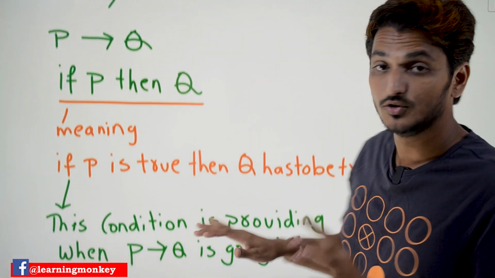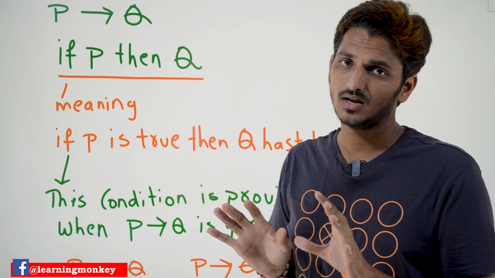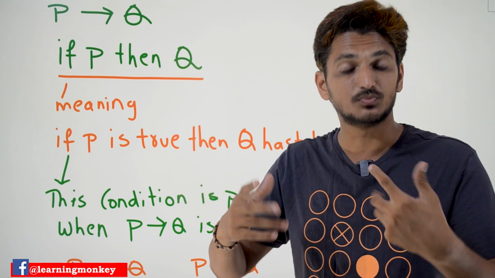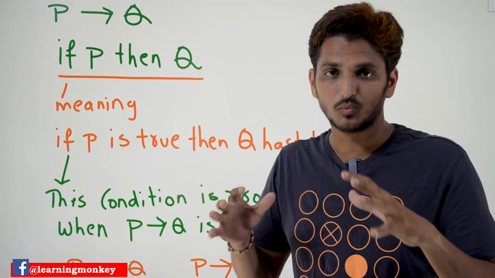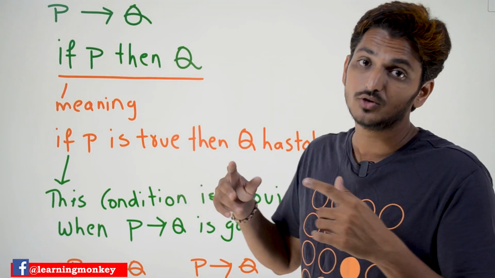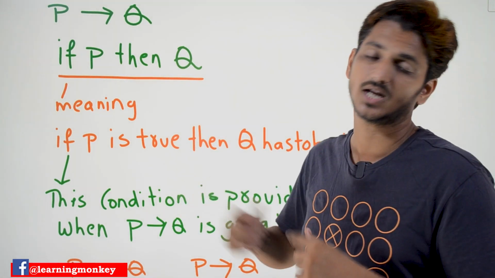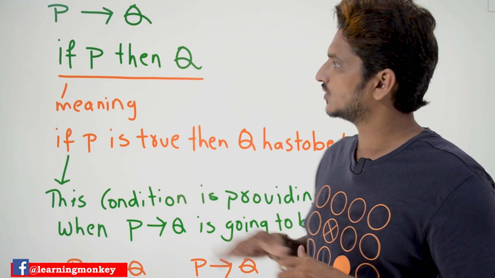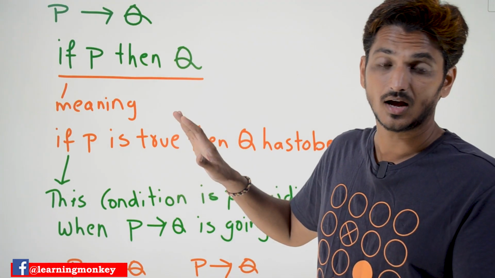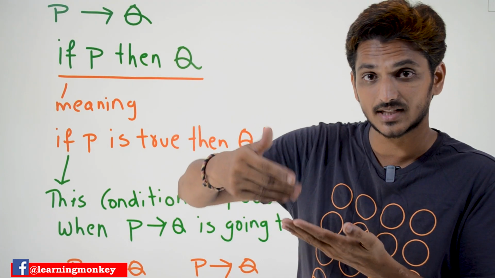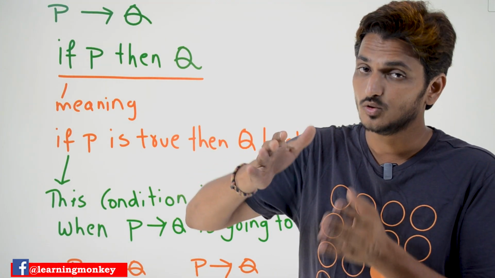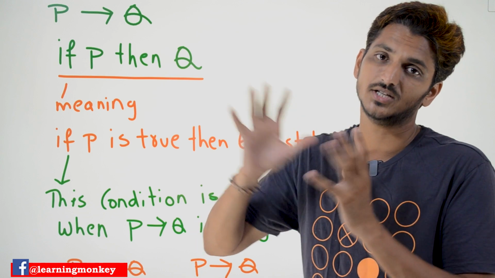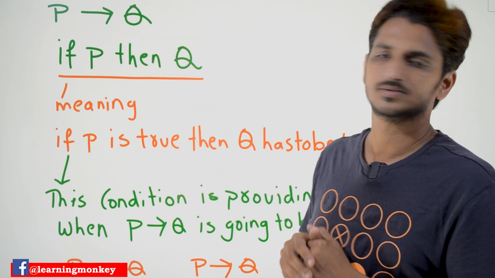It's a bit confusing to understand this condition, so try to watch multiple times until you get clarity, because this is the most important connective which we are going to use many times in our next classes. So let's try to understand till the end, until you understand the example. At the end we are going to explain the example. Until then you will not get clarity about this conditional implies.